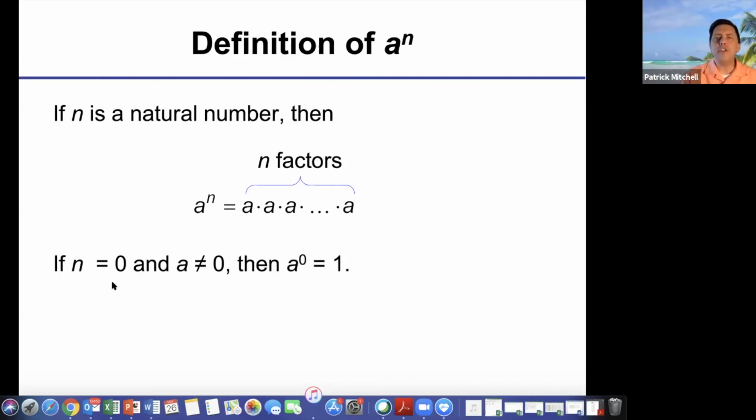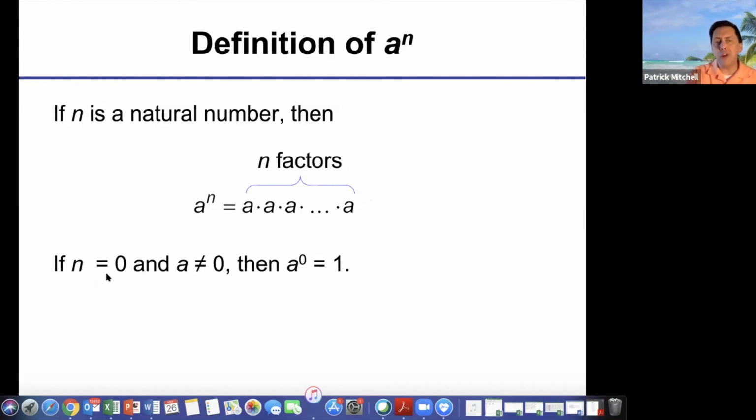In order to talk about geometric sequences, you need to talk about exponents. So this is almost definitely a reminder of what exponents mean. If n is a natural number, then a to the power n is defined to be a times a times a, and so on, times a, n of those, n factors.